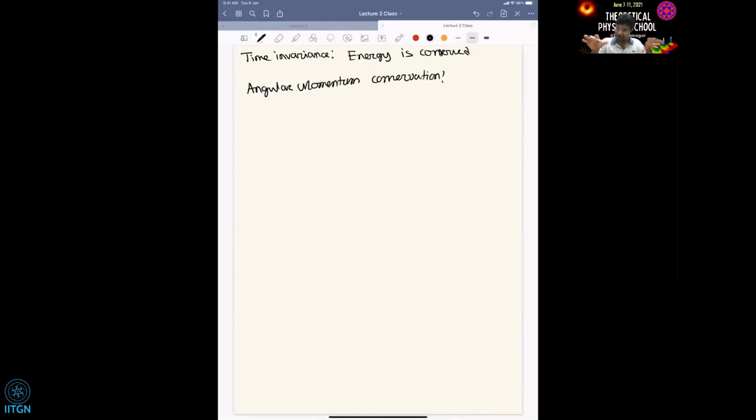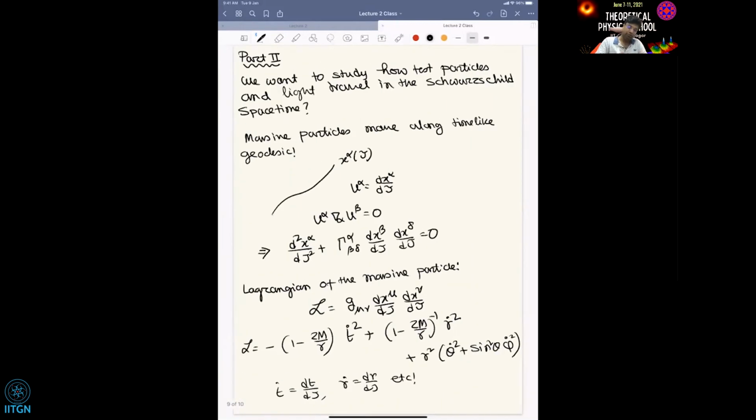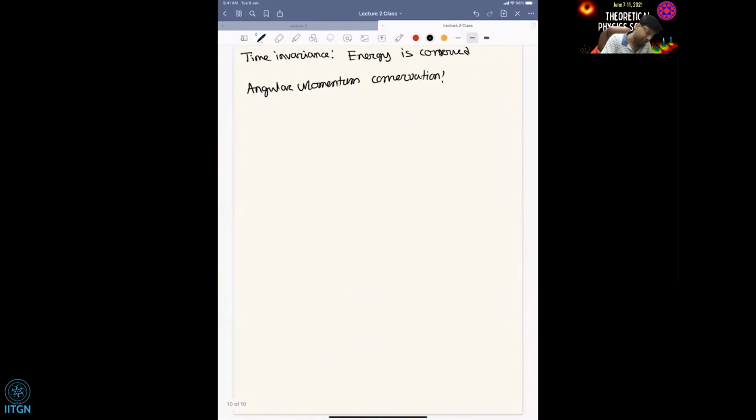Remember that even in the central force problem, we started with a three-dimensional motion, and the central force problem turns out to be a planar motion. This is exactly what will happen here. So let's understand why. We want to know how the particle is moving. Given this Lagrangian, we will write down the Euler-Lagrange equations. Let's understand the theta equation.